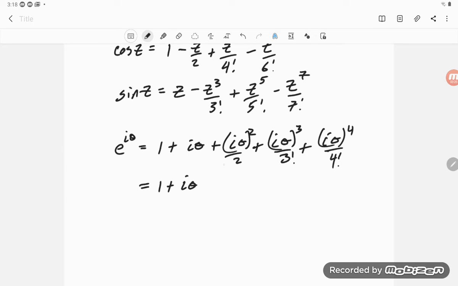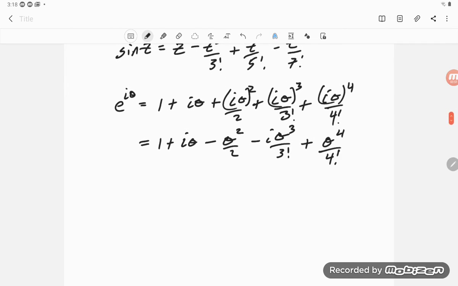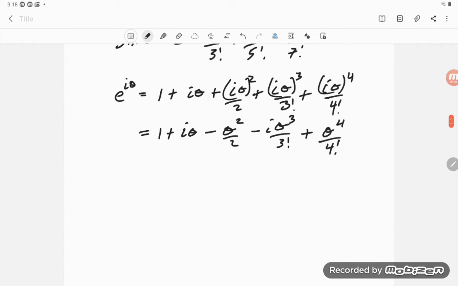Now i squared is -1, so we get minus theta squared over 2. Then i cubed is -1 times i, so that's minus i theta cubed over 3 factorial. Then we're back to a plus 1 with theta to the 4th over 4 factorial, and it'll cycle between those as we go. The next one will be an i times theta to the 5th.